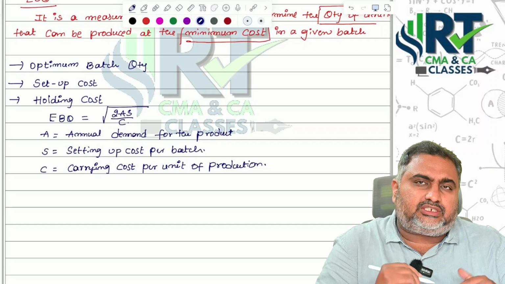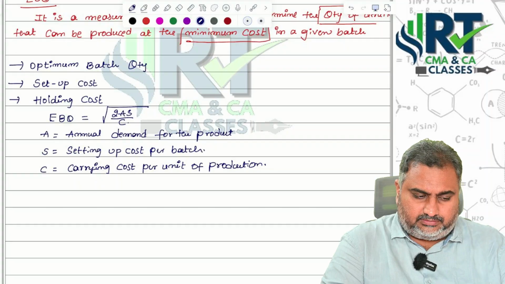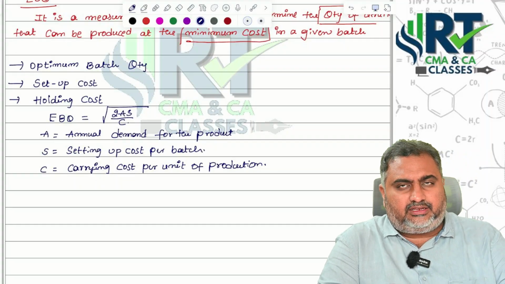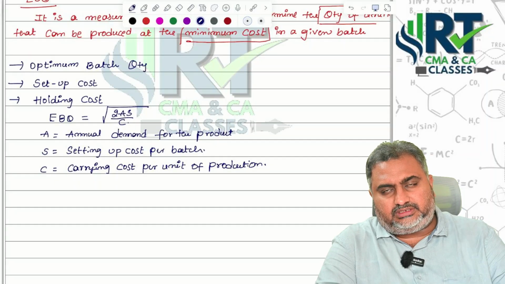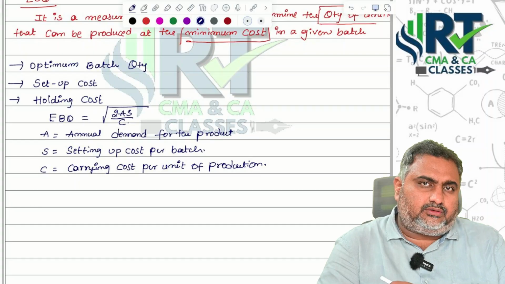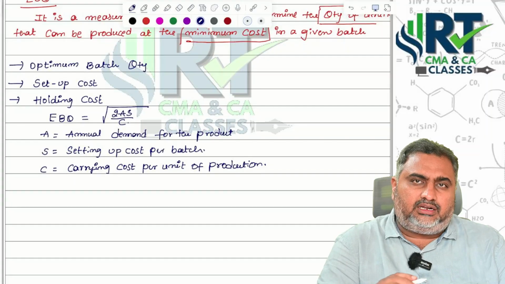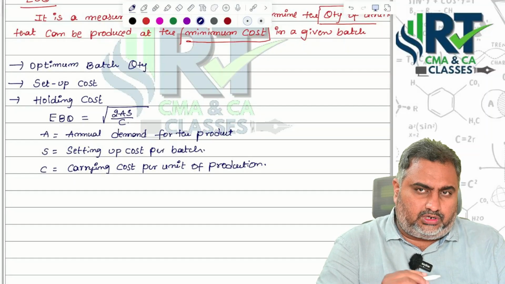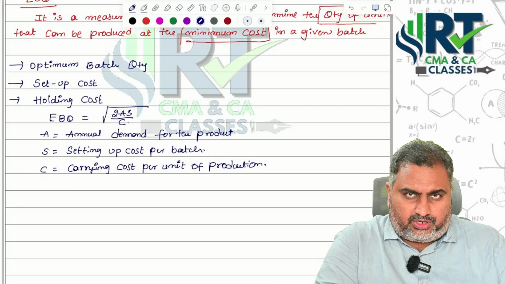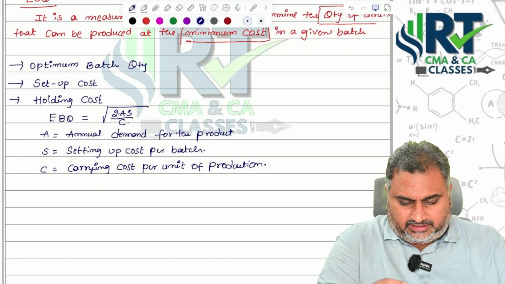Further, how much cost I am incurring to set up the batch, you may call it setup cost. What is meant by carrying cost or holding cost? Once the production is done, until the goods are distributed or sent to the customer, the amount of cost we incur to hold the goods, you may call it carrying cost itself.